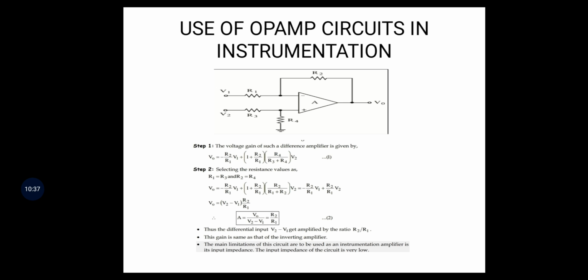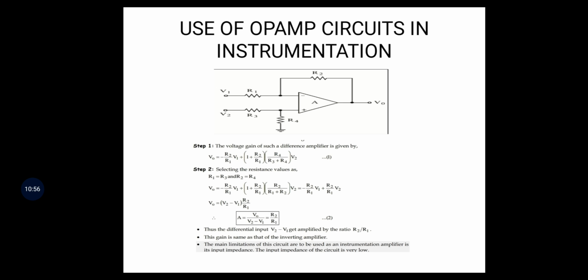Here we apply the superposition theorem. First, V1 present and V2 absent. Then the output voltage V0 equals minus R2 by R1 into V1.